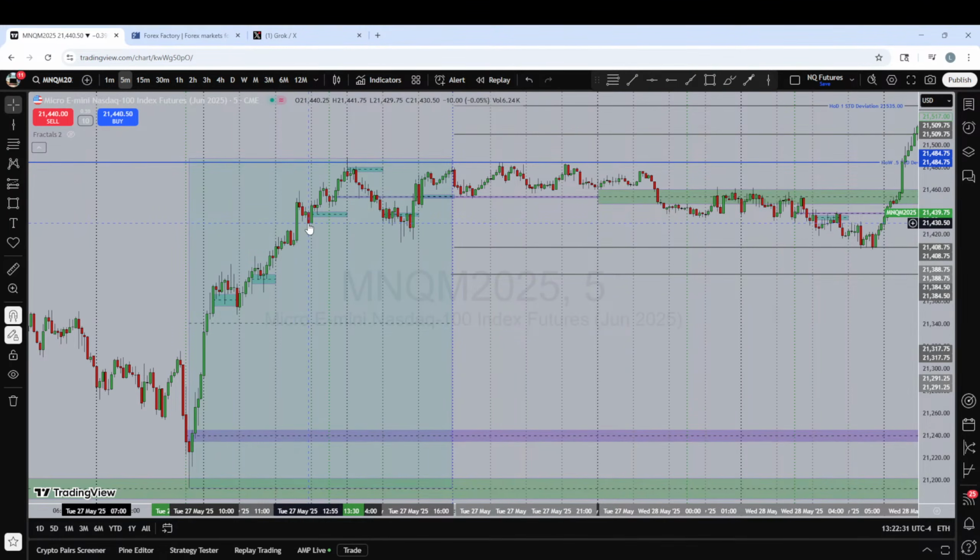It hit there during the macro, and you can buy that. There is this order block here. Price came back down at 11:40 New York time, and then it rallied. But to me, I don't like to chase price, even though it gave these opportunities. I'd rather just let it go.